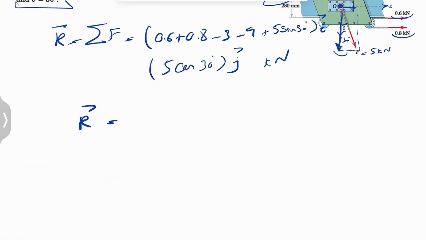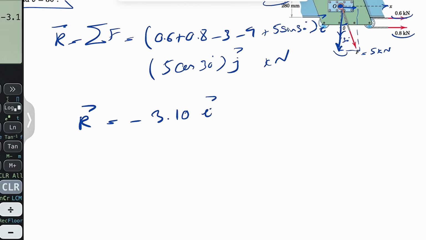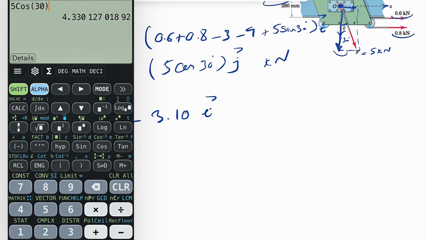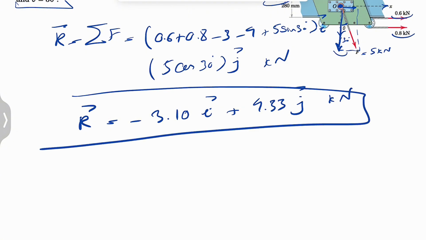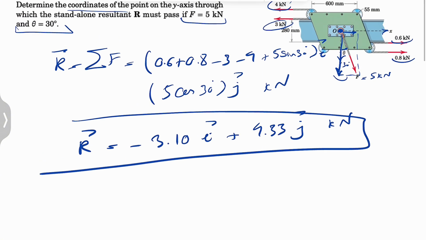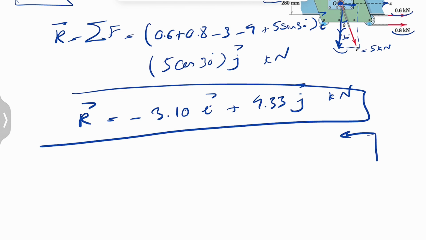So this is going to be negative 3.1 i, and 5 cosine of 30 is going to be the j, or our y component, 4.33. We kept everything in 3 significant figures. Kilonewton, that's our R, and we can see that our R has a negative x component and positive y component. So our R is in this direction in this question.